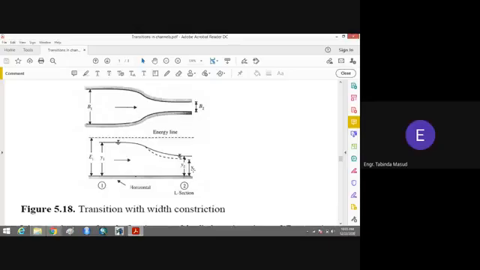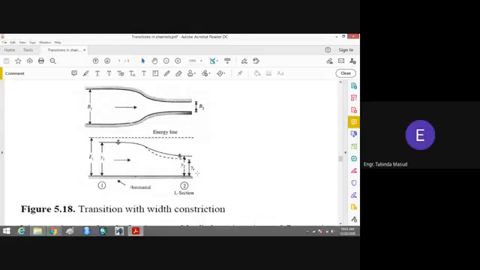Here we will again say that when you are contracting the width of the channel, the depth of the flow in the contraction will decrease and decrease until it reaches the critical depth of the flow, and that will be the situation where we have the critical flow in the contracted section of the channel.